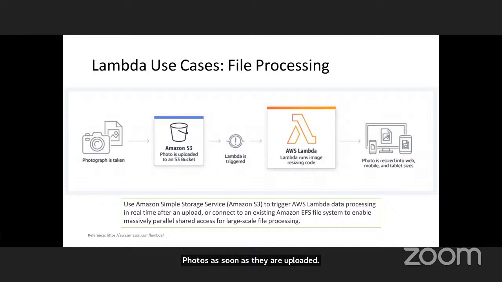For example, when a user uploads a high-resolution image to your website, S3 triggers a Lambda function to create multiple resized versions of the image for different display purposes. And you only pay when the function is triggered. I use many online services, like converting PDF to doc files, and I think most of them use Lambda.